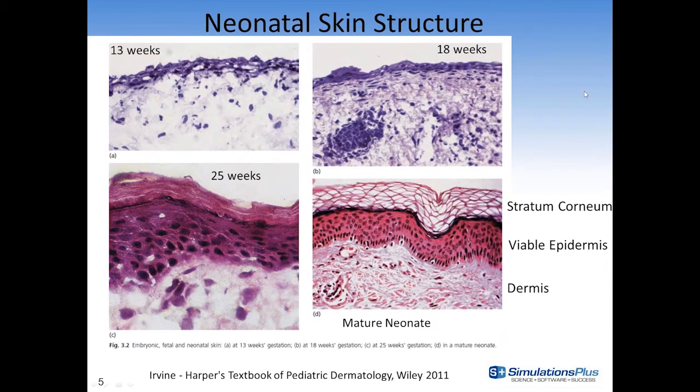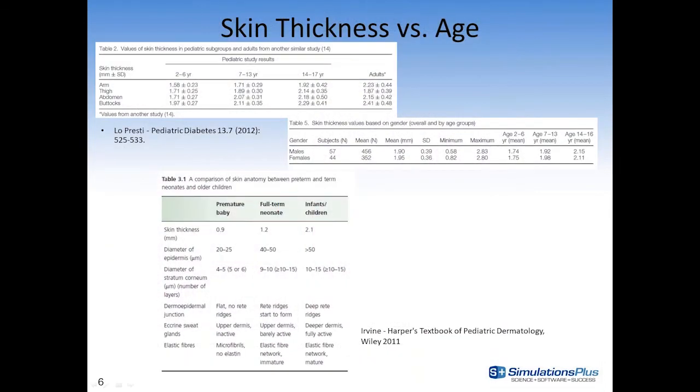As you may be aware, GastroPlus has some pretty extensive pediatric modeling. One good thing is that at birth, the skin is going to be pretty much fully developed. But as you look at the prenatal fetal embryonic skin, then you're going to see less and less differentiation. So, if you're modeling the skin of very premature infants, those are the cases where you may really need to look into the modeling and make sure that it's going to be valid.